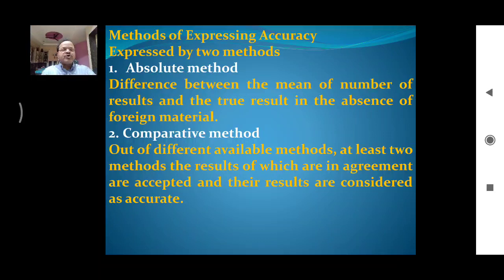So it is the difference between the true value and the mean of the measured values. This method is called the absolute method.